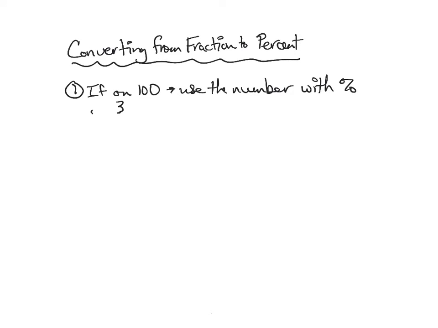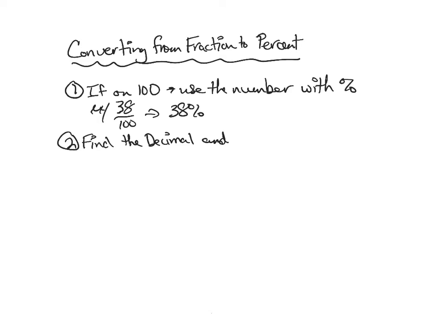So 38 over 100 becomes 38%. Now, you're not going to find anything that easy on a test, so let's look at the second way. You can find the decimal and then make a percent from that. So if your fraction is 3/4 and you don't know what to do with this, then you just divide like you would for any fraction.